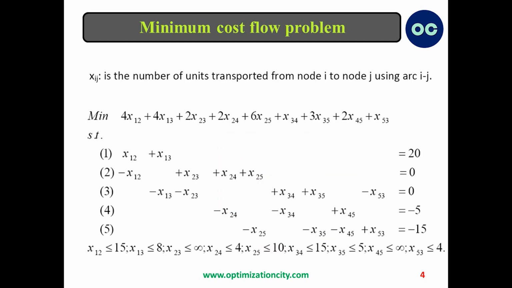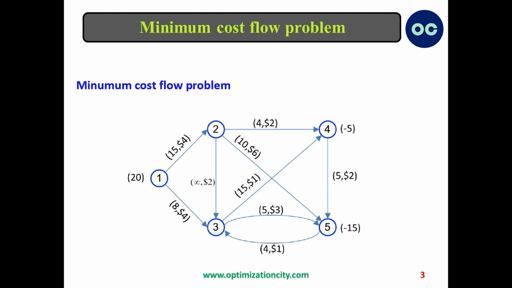So let's look at a simple example of the minimum cost flow problem using the diagram here. The nodes are shown as numbered circles. So node 1 is a 1 in the circle. And the arcs are represented by arrows. So this is the arc from 1 to 3. It's called arc 1,3.